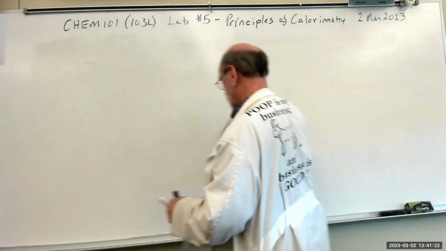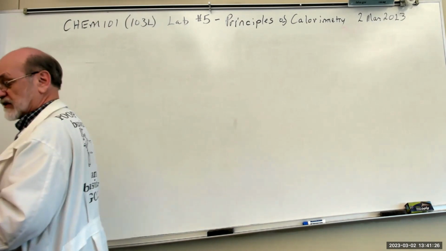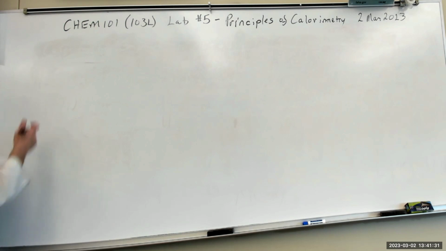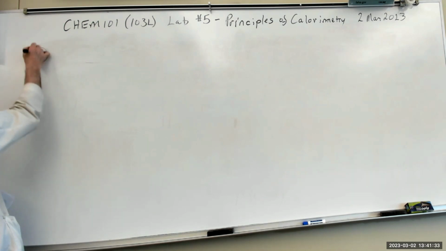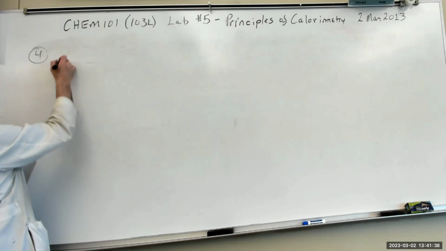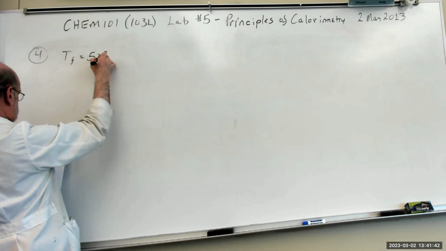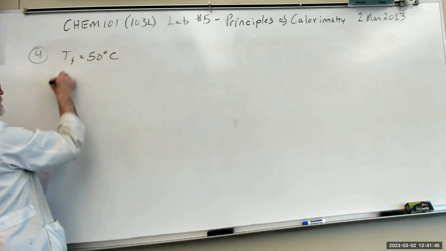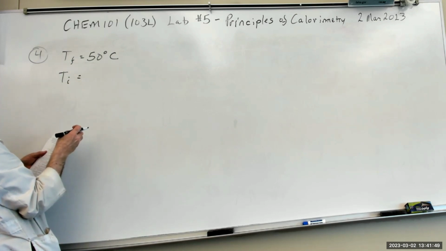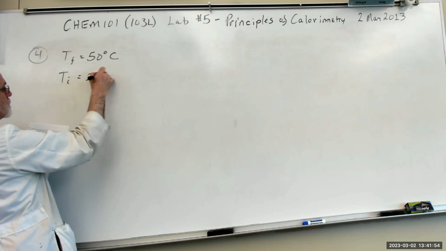First thing to do is organize your thoughts. These are word problems, essentially. So you need to extract this information and throw it on the board or on your paper. So number 4, what are we given? Final temperature equals 50 degrees C. Initial temperature, and this is for the hot pack, is 20 degrees.